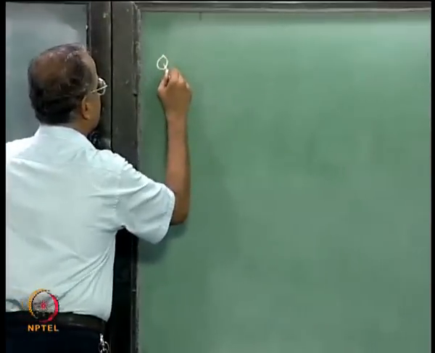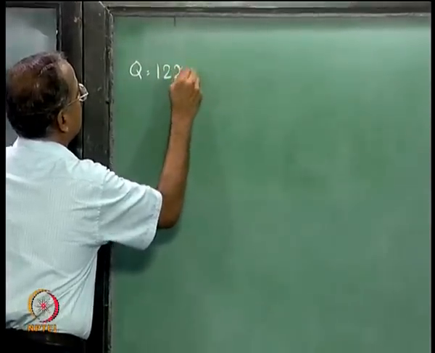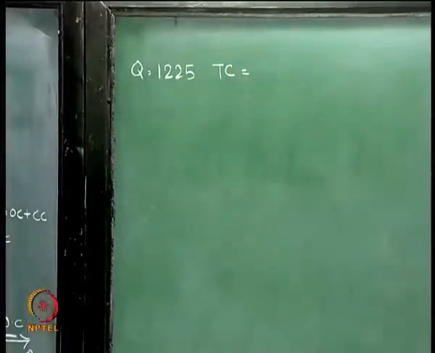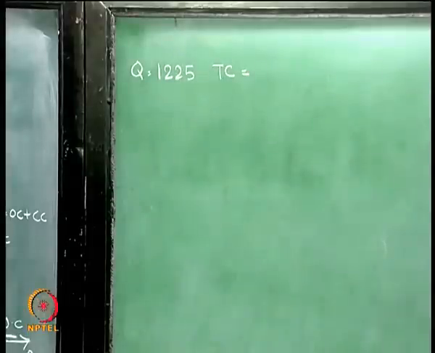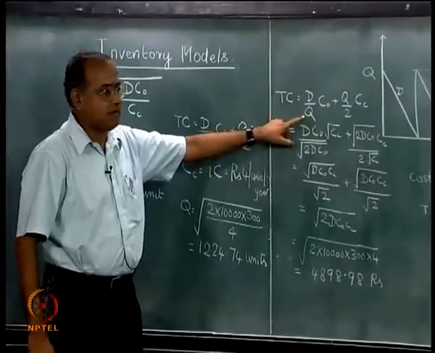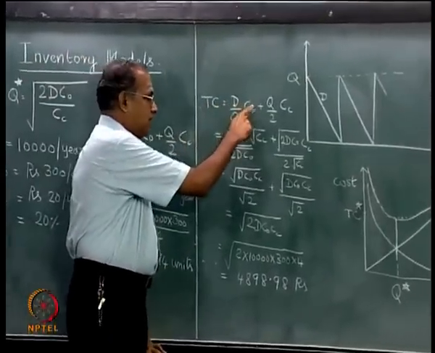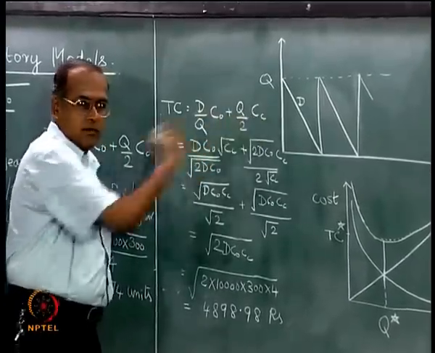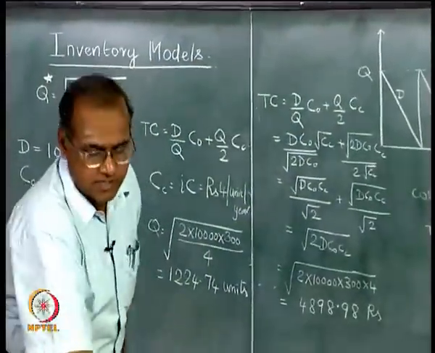So, let us try and do some quick computations. When q is equal to 1225, TC is equal to... now all we need to do is to substitute 1225 here. So TC will become 10,000 into 300 by 1225 plus 1225 divided by 2 into 4.